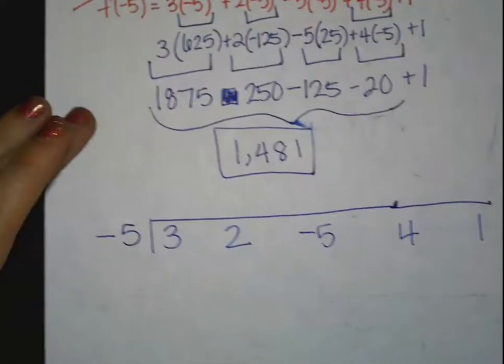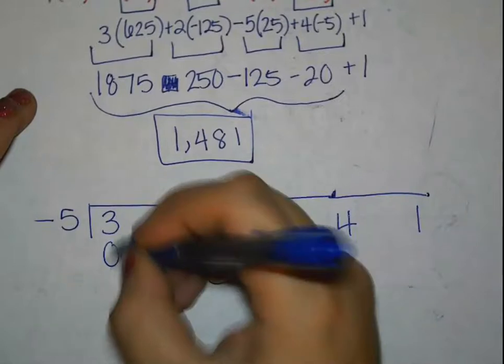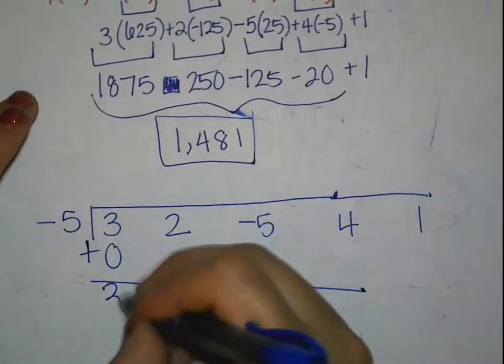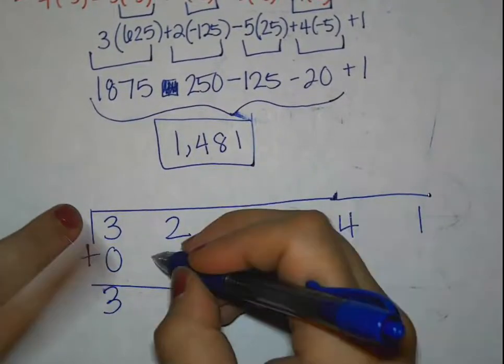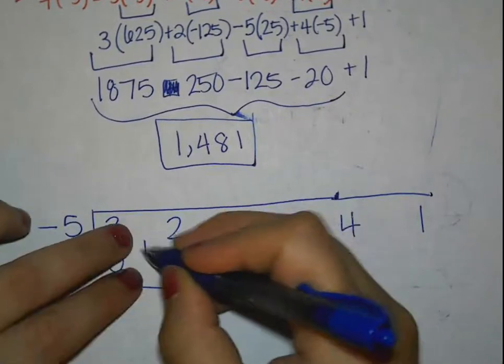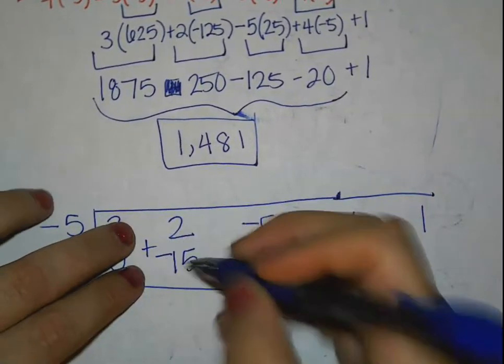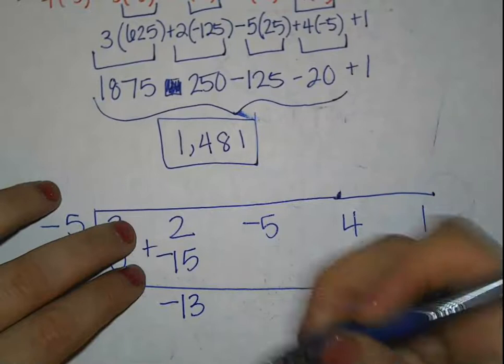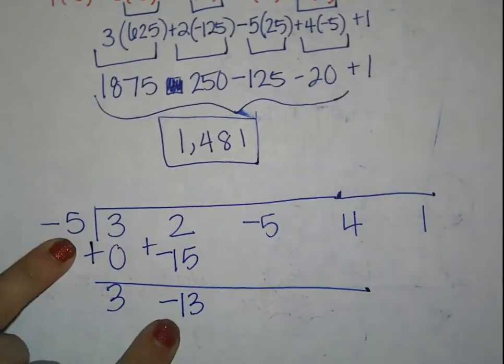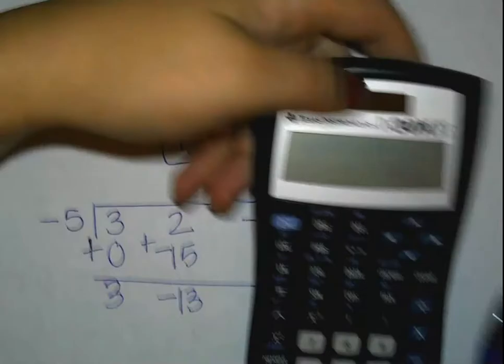And then I'm going to put a 0 here, and then add, multiply, add, so 2 plus negative 15. Then I'm going to multiply here, so negative 5.